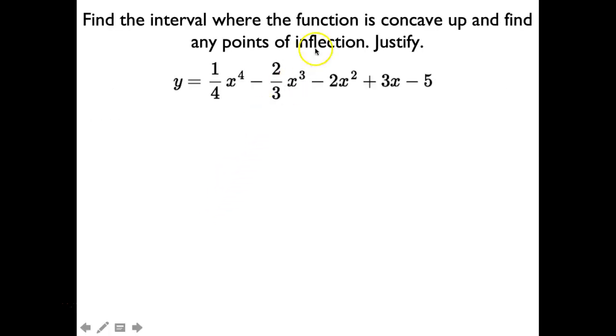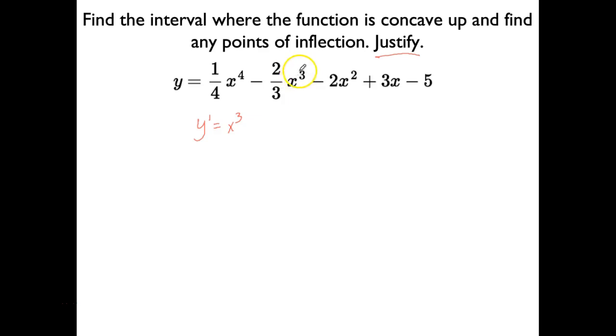Okay, find the interval where the function is concave up and find any points of inflection. So let's do this. It says justify, and my justification will be my work. That means I need to find the first derivative first. We bring down the 4. That would be 4 over 4, so it should be 1x cubed.